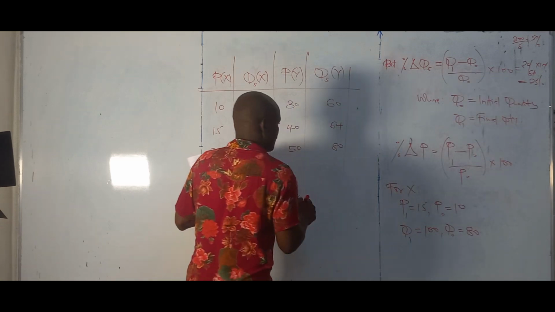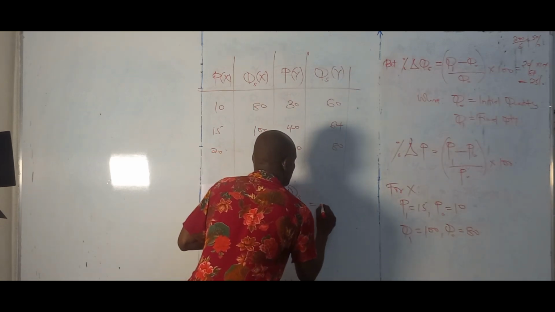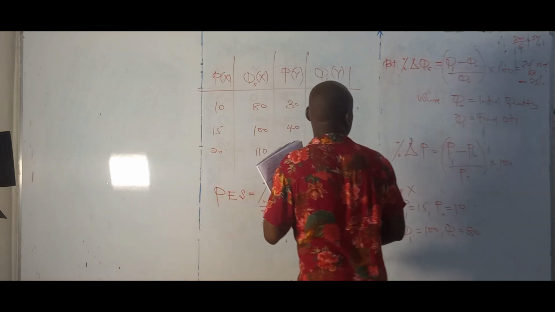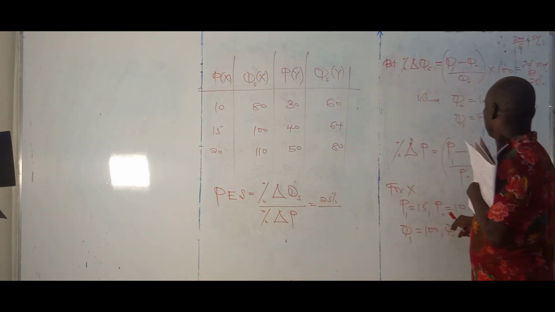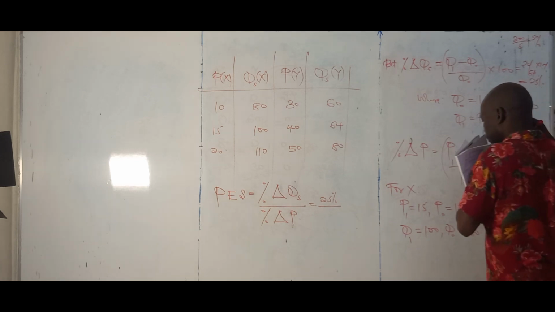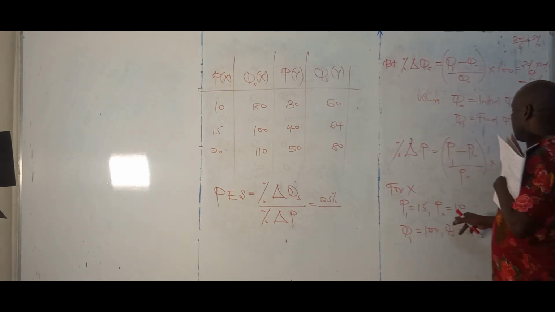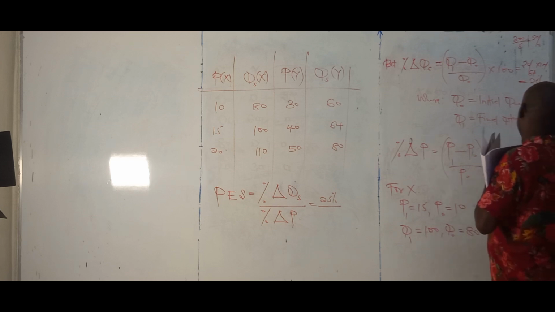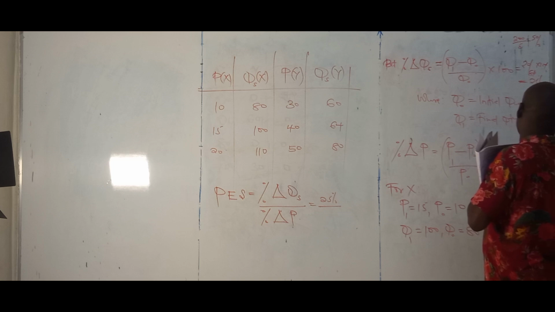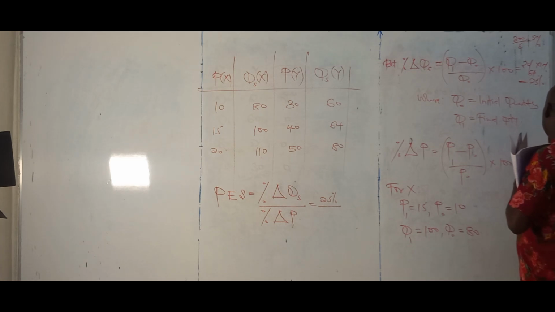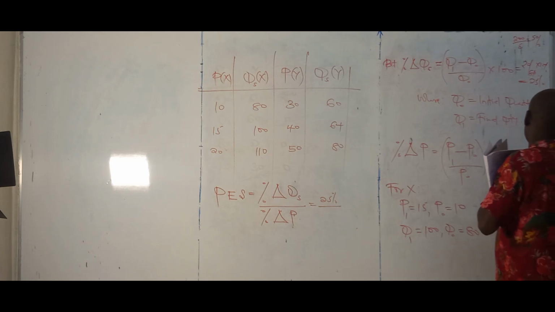So I bring it here for X, 25% all over the percentage change in price. That will be 15 minus 10, which is 5 over 10 times 100. That is actually 50%.